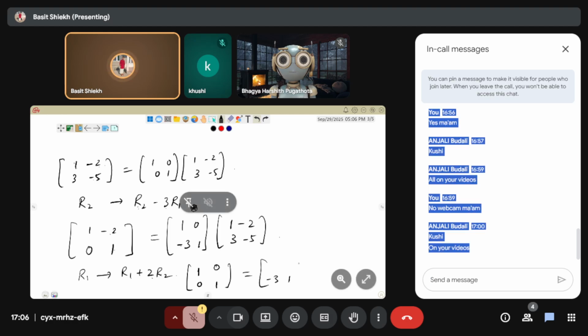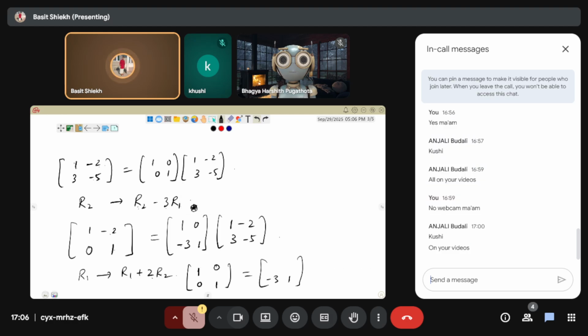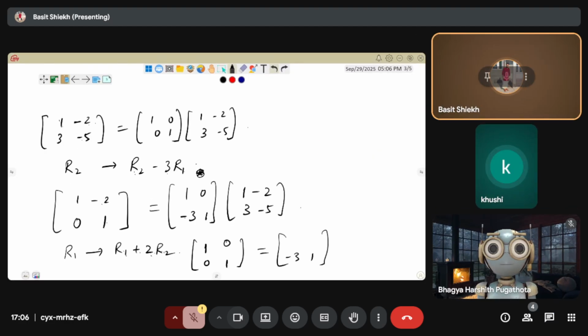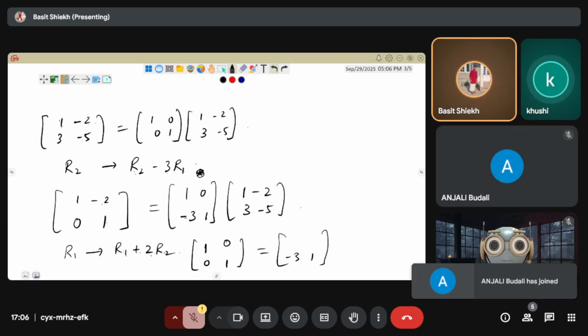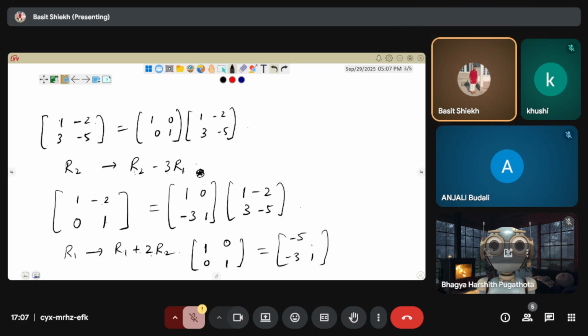Equals to, now this we have to change, minus 3 1, and what will be this entry, R1 plus 2 times R2. So 2 into minus 3 is minus 6 plus 1 is minus 5, and this 0 plus 2 times 1, so it will become 2, and here this will remain unchanged.